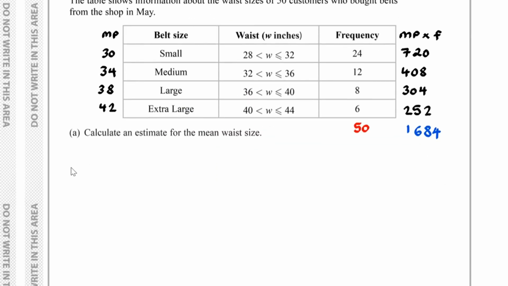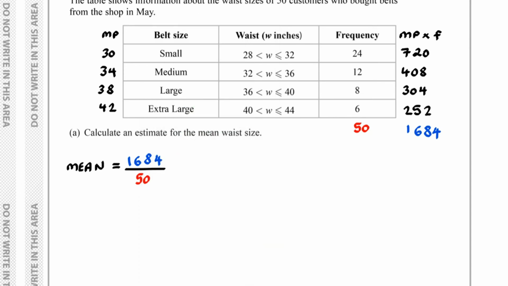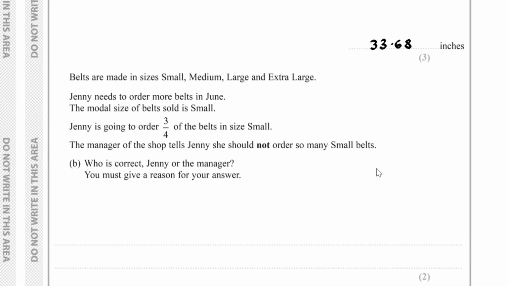So the mean would equal 1684 divided by 50, which is 33.68. So I get 33.68 inches.